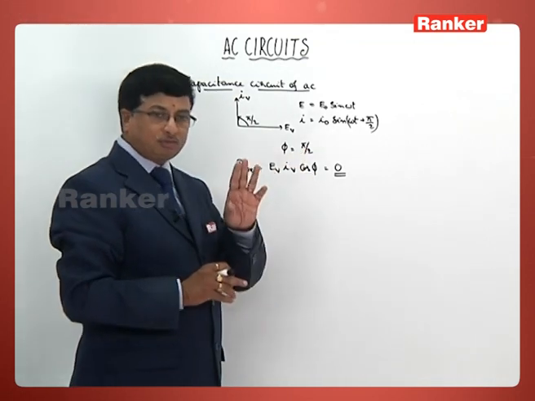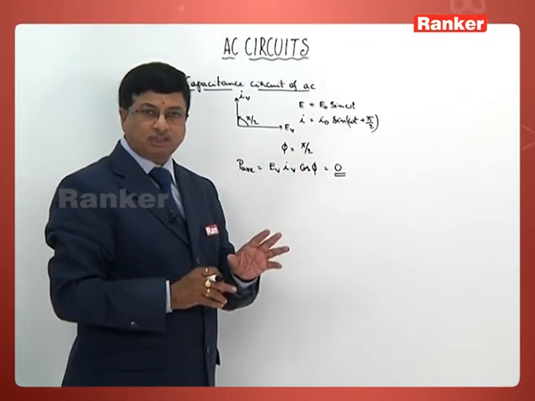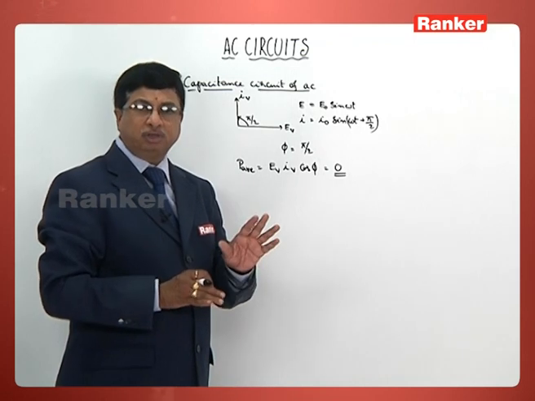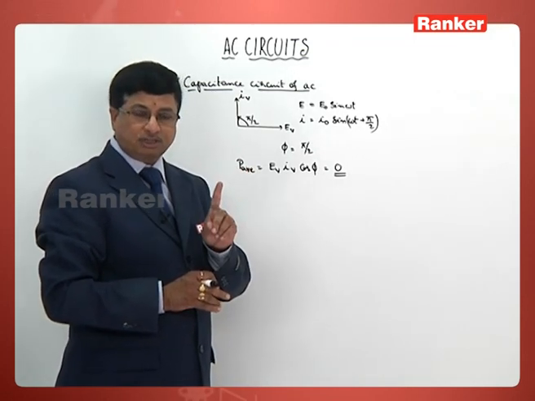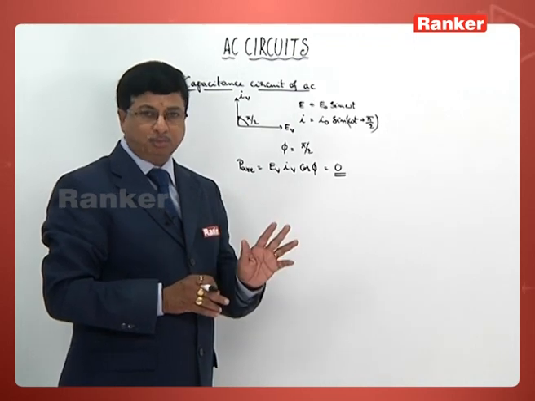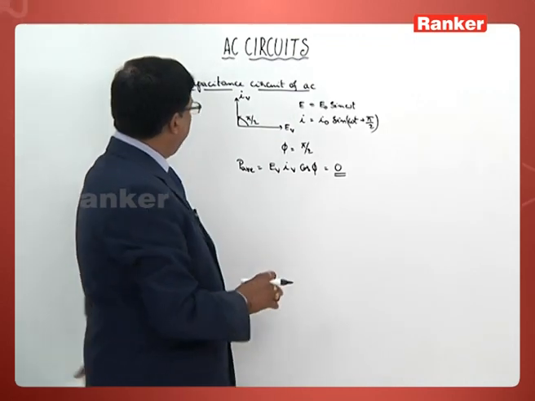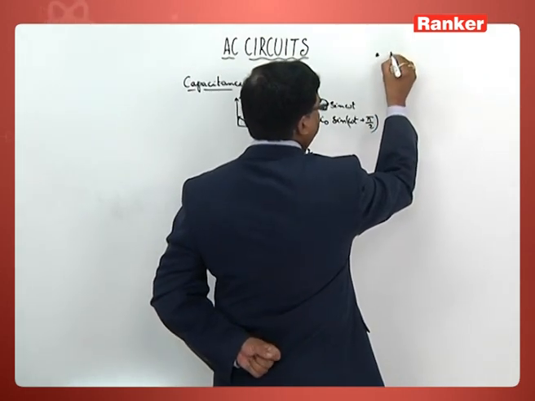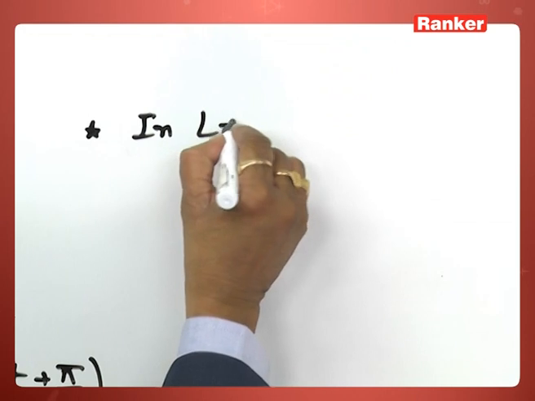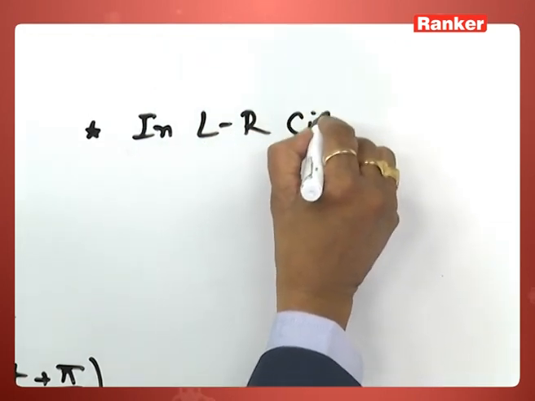In the case of an exclusive inductance circuit also, average power is 0. Only in the case of a resistance circuit, the power becomes maximum. Let us now take the combinations. The very first combination is the LR circuit of AC.